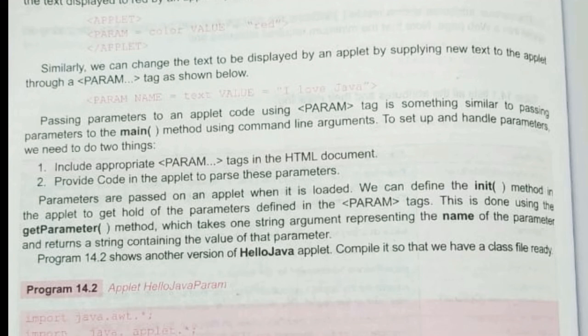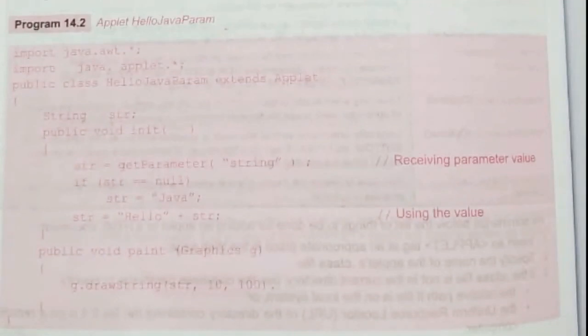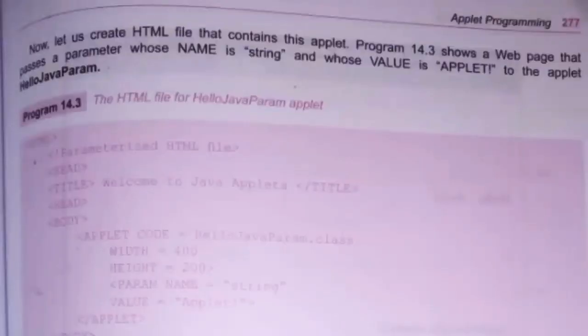Program 14.2 shows another version of the Hello Java applet. Compile it so that we can have a class file ready. Now let us create an HTML file that contains this applet. Program 14.3 shows a web page that passes a parameter whose name is string and whose value is applet to the applet HelloJavaParam.